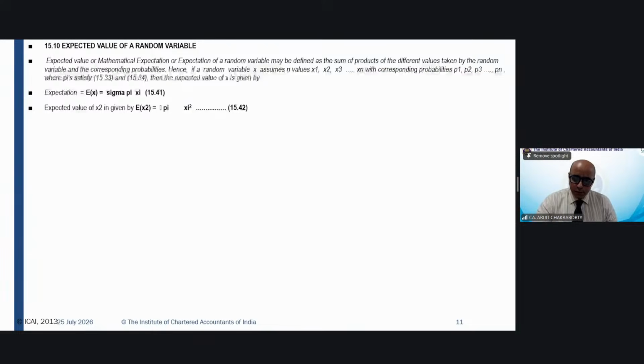Say the probability of passing a particular exam is 1 by 3. 1/3 chance that I will pass the exam. Now, if I pass the exam, say I will get a cash award of 6,000 rupees.